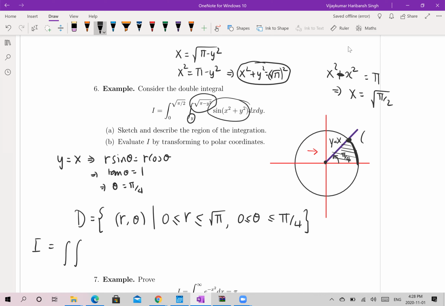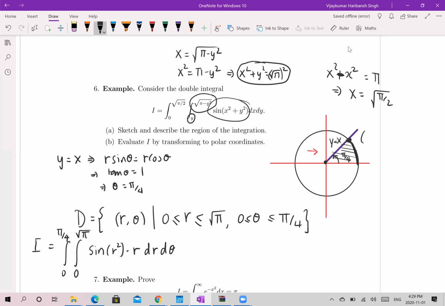Since it's a rectangle, we can do either one first. So I'll go for 0 to square root of pi, theta goes from 0 to pi by 4, sine of r squared, r dr d theta.